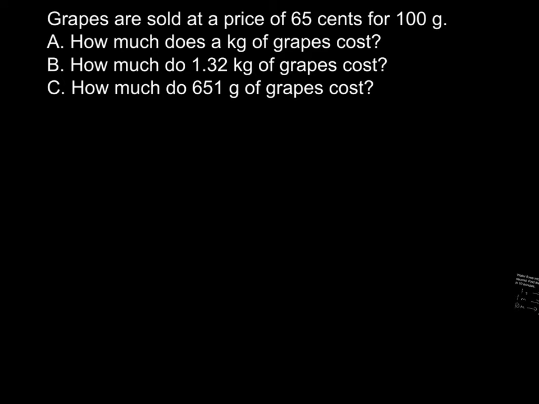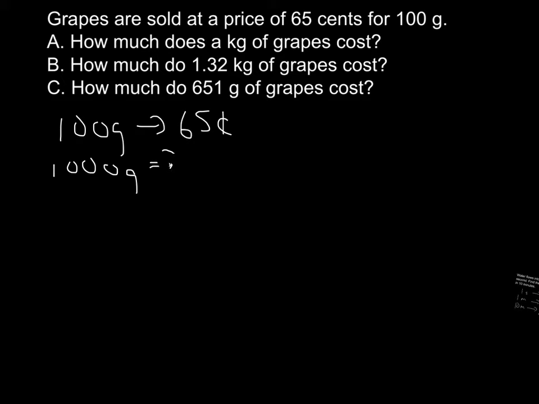And so, well, I recognize that I should go ahead and write my rate down, that 100 grams is 65 cents. Now a kilogram, we actually know a kilogram is actually 1,000 grams. And so how do we go from 100 grams to 1,000 grams? Well, rates are a multiplicative relationship, just like ratios.